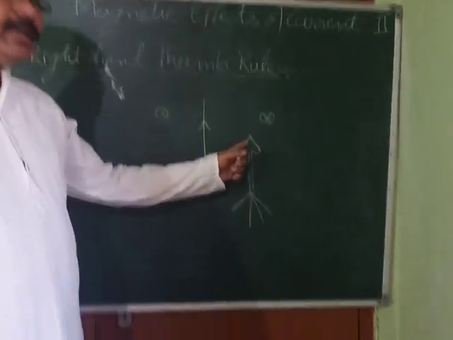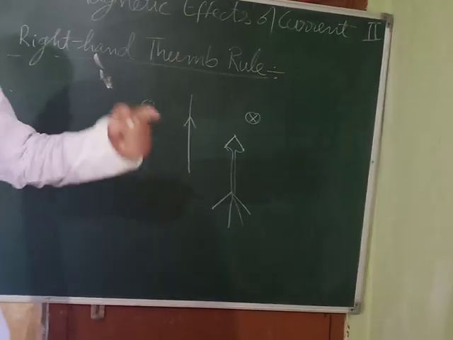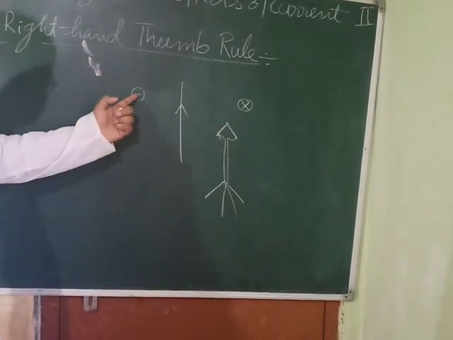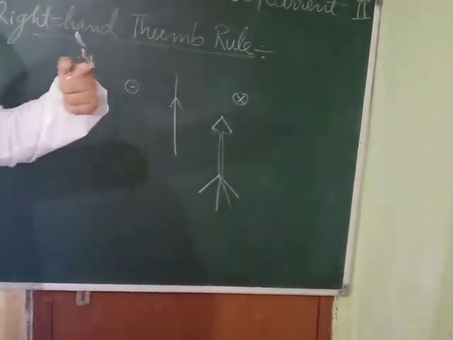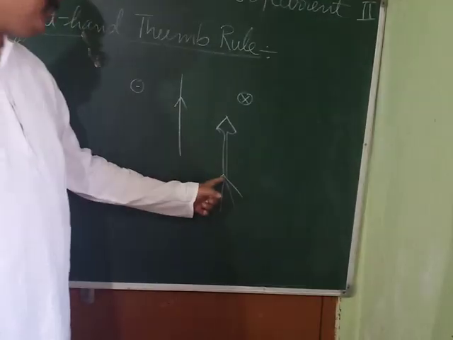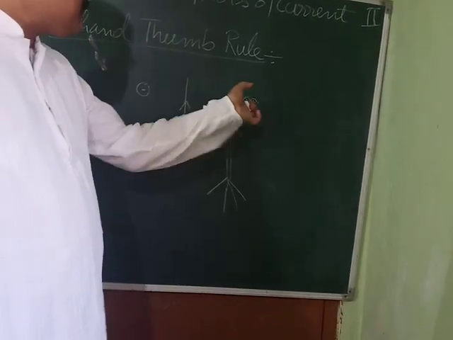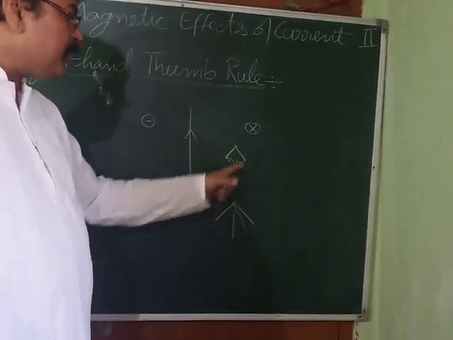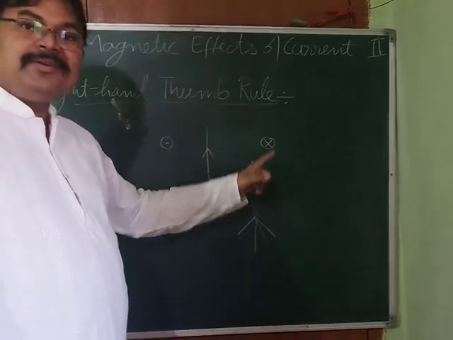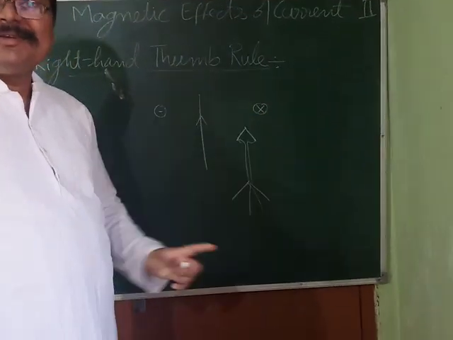Now, when this arrow is coming towards you, what will be visible to you? Only this point. So it is indicating direction towards you. And when this arrow is shot in the board and it has gone inside the board, what will be visible to you? Only these four, 1, 2, 3, 4. So it indicates inside.